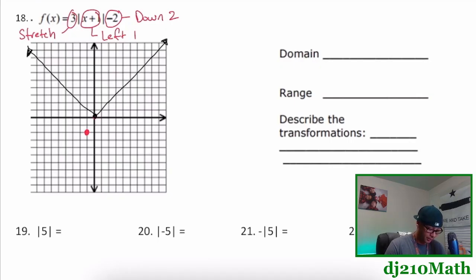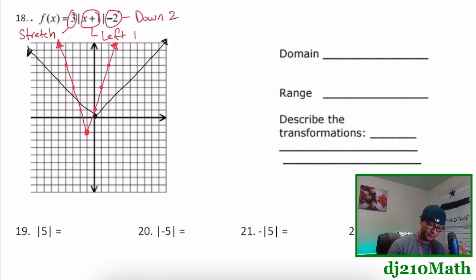Up 3 over 1, up 3 to the left 1, up 3 to the left 1. So there it is. The stretch can also be thought of as getting narrower, stretching it this way.